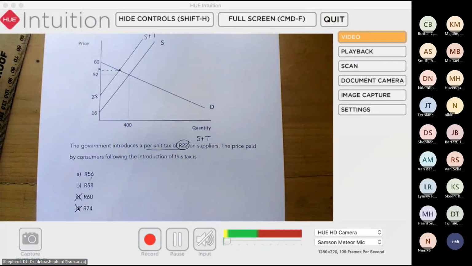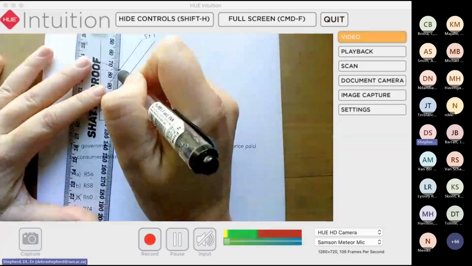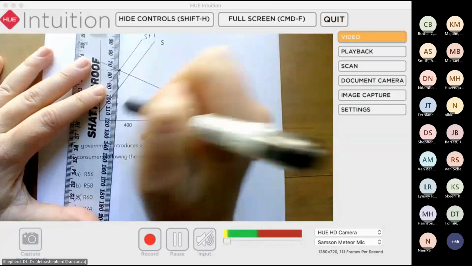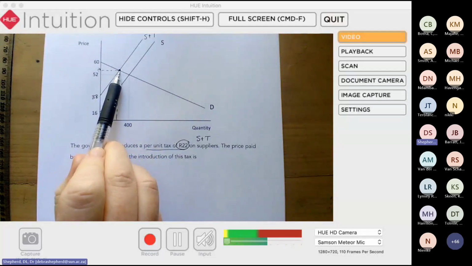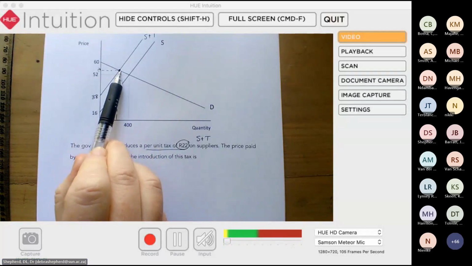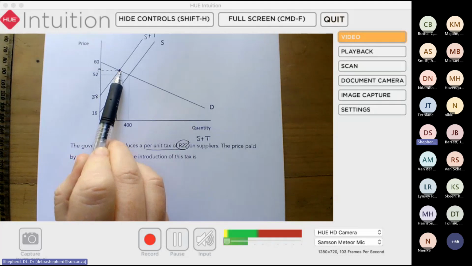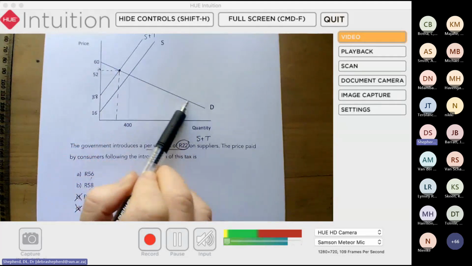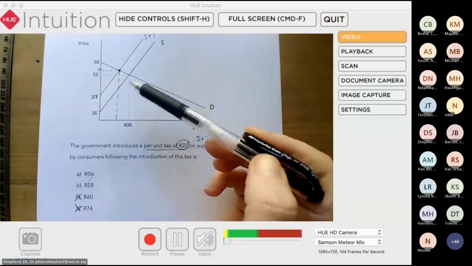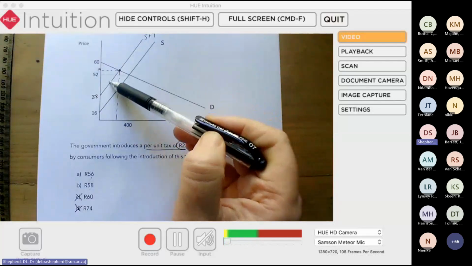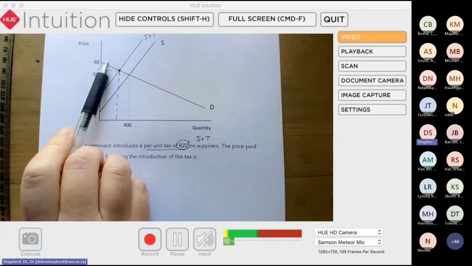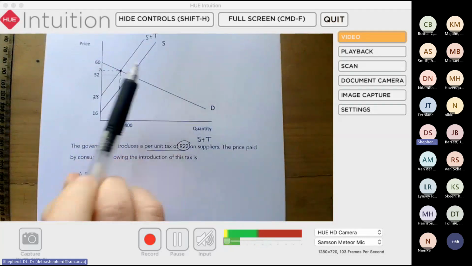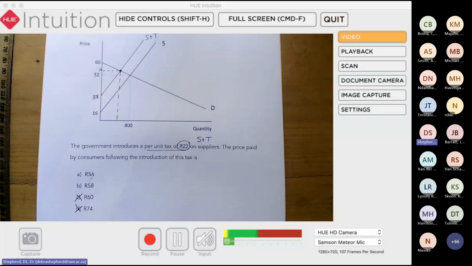Okay. So how am I going to solve this? If I wanted to find this price over here, I would need to know what the function of the demand curve is and the function of this supply plus tax curve. Now, how could I find the equation of the demand curve using the information given to me in this question?